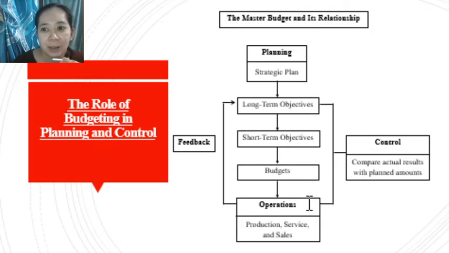Here they will establish the long-term objectives, and these long-term objectives and planning will be broken down into several subunits or periods. This is what we call operational planning. And of course, there the short-term objectives will be formulated.